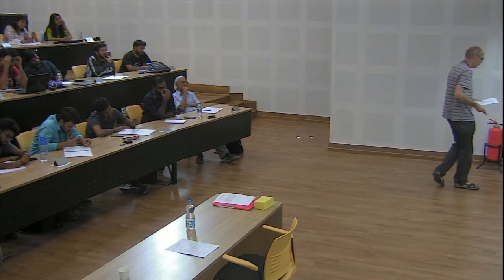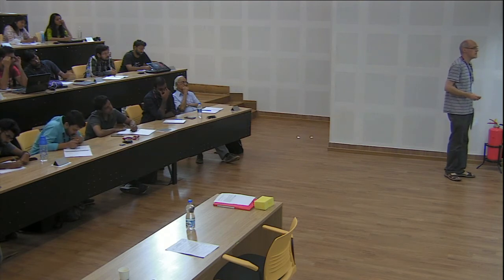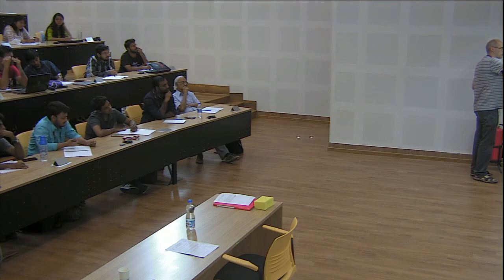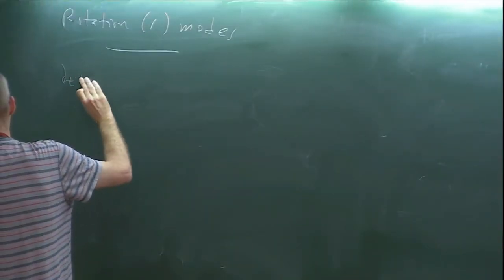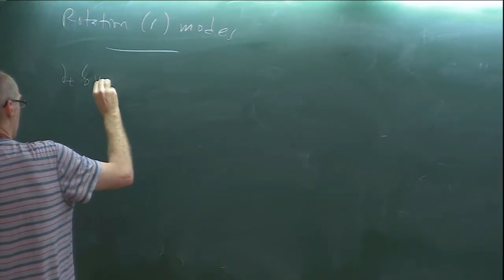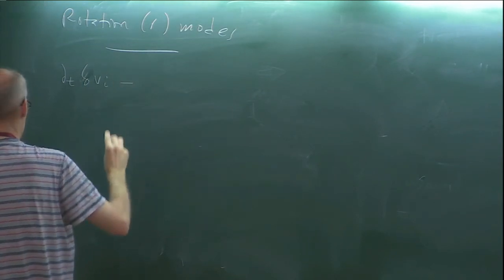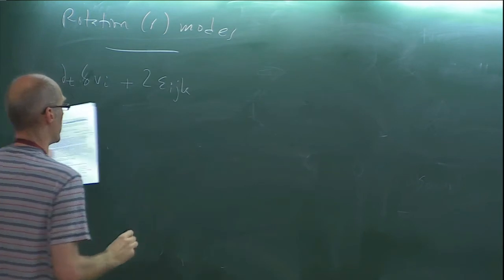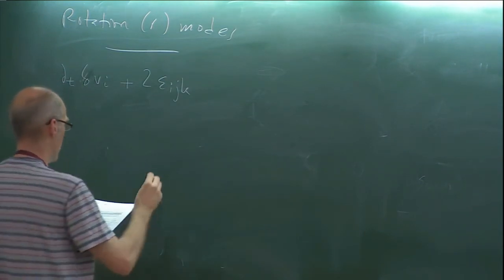Basically, the story goes a bit like this. Now, if we put in rotation and we work in the rotating frame, then we get an extra piece to order omega, so leading order in rotation.